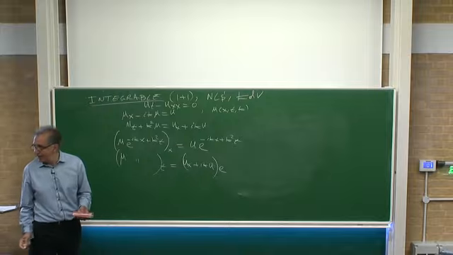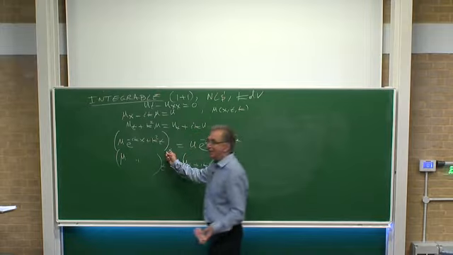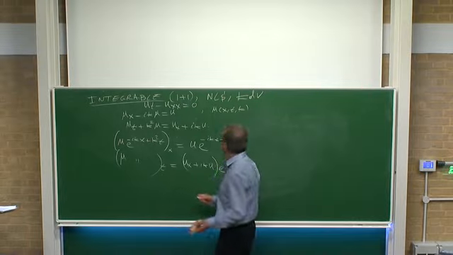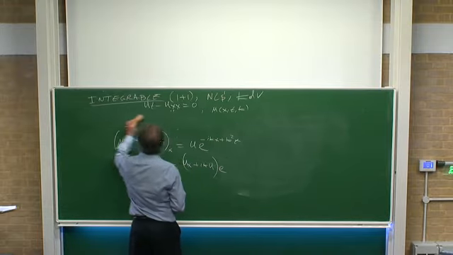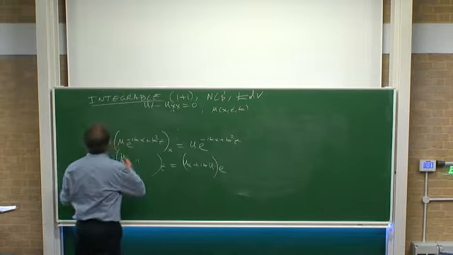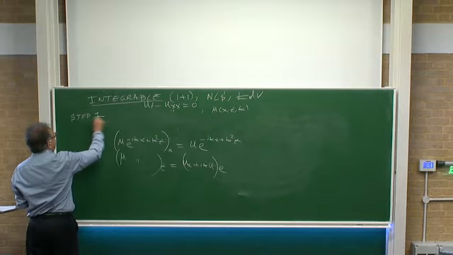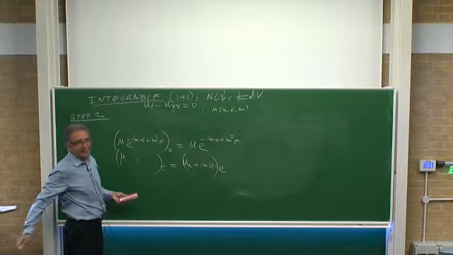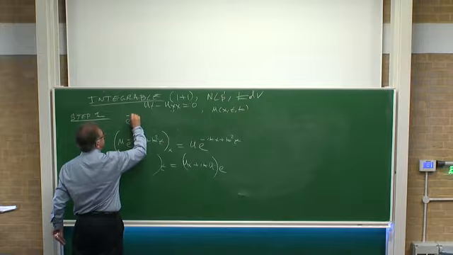I've done nothing, right? But now, if I take a t derivative here, that should be the same as the x derivative here, which means that I can forget everything. And I say, step 1 of the new method is to do this, namely to rewrite the equation in divergence form.